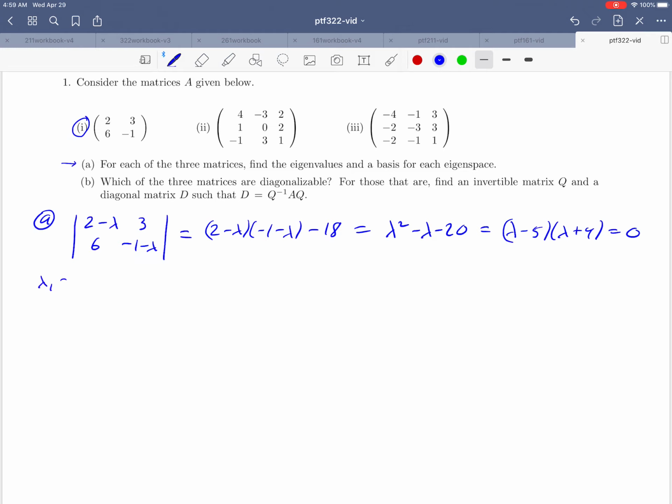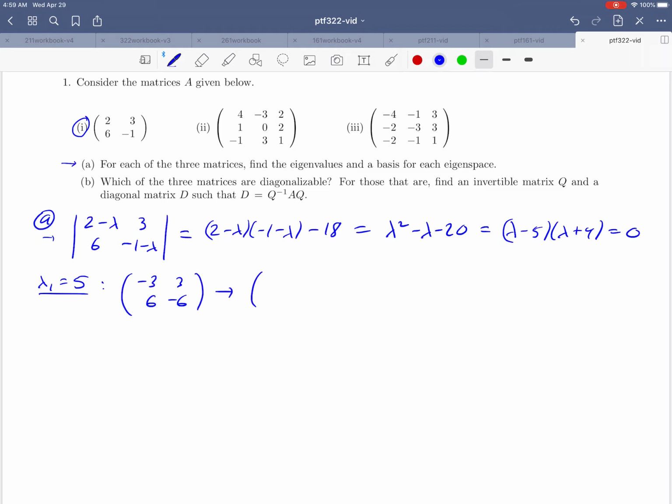So let's do 5 first. We're going to see if we can find the eigenvector or eigenvectors associated with that. If we take 5 and substitute it into our A minus lambda I matrix, we're going to get negative 3, 3, 6, and negative 6. I'm not going to write the 0, 0 on the right-hand side.